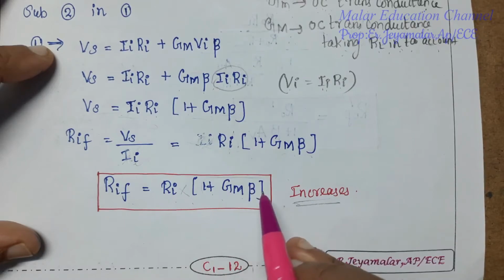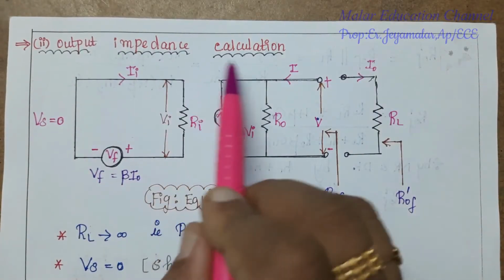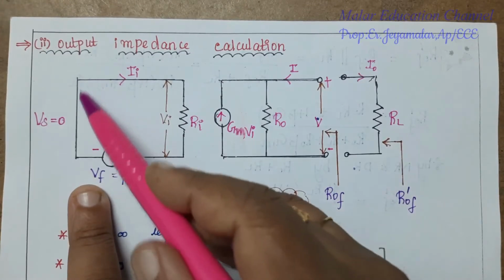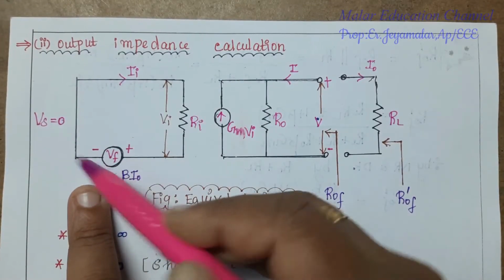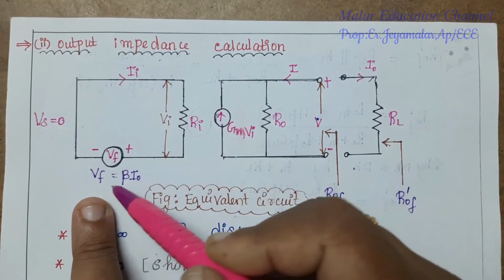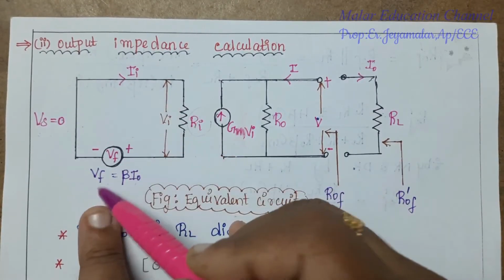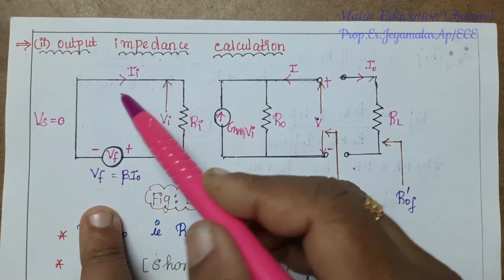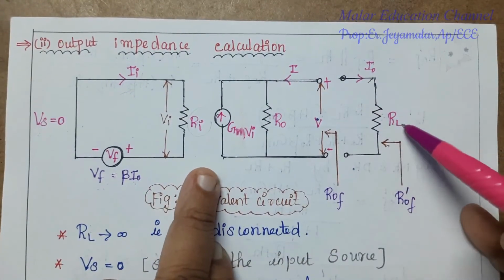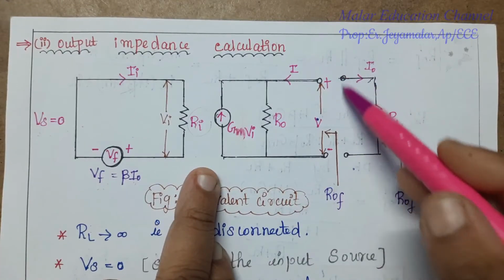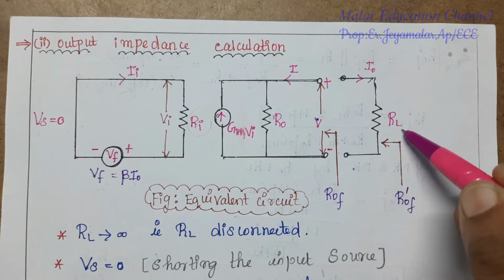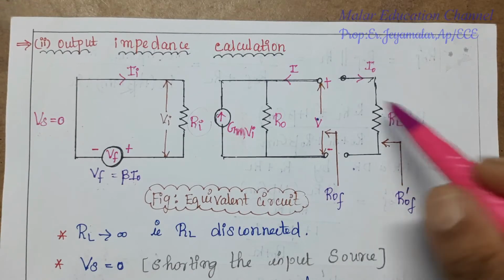Next, move to the output impedance calculation, with the same circuit diagram. The difference is that the input circuit is short circuited, so Vs equal to 0, with Ri, the feedback voltage and the input current Ii in the input section. In the output section, RL tends to infinity, which means RL is disconnected.